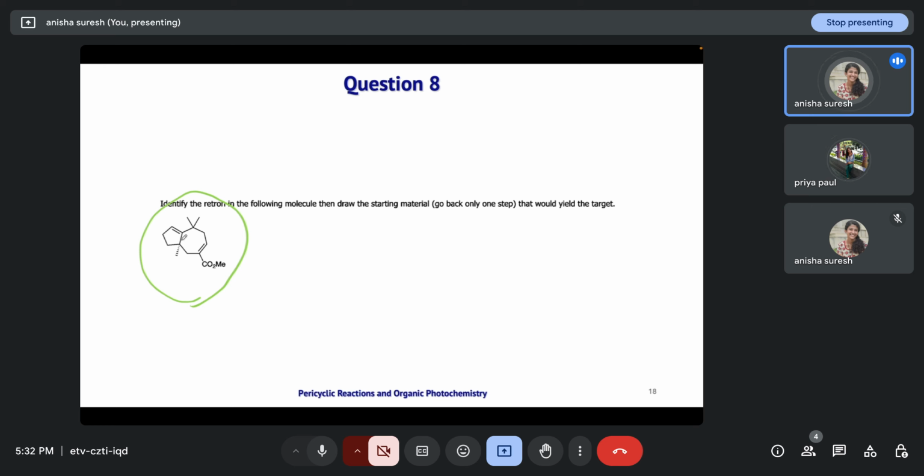We can understand that this is a 1,5-diene, and it will be the result of a 3,3 sigmatropic rearrangement. 1, 2, 3, 4, 5: 1,5-diene. So, what will be the starting material that is giving this final product? Please try to work it out.